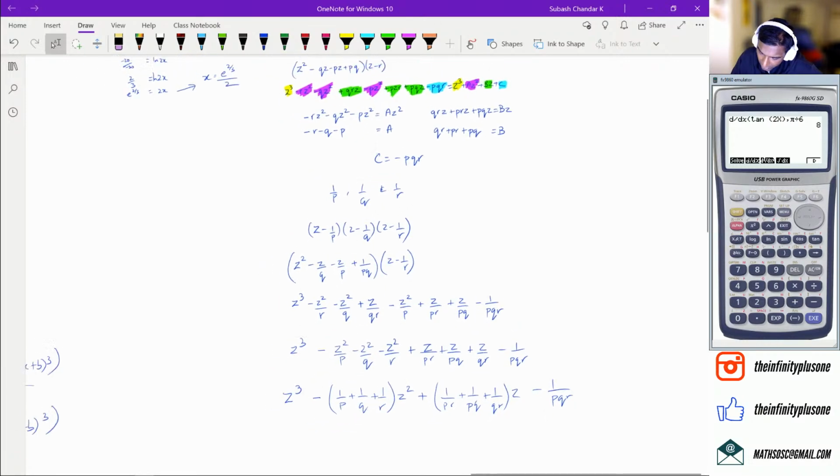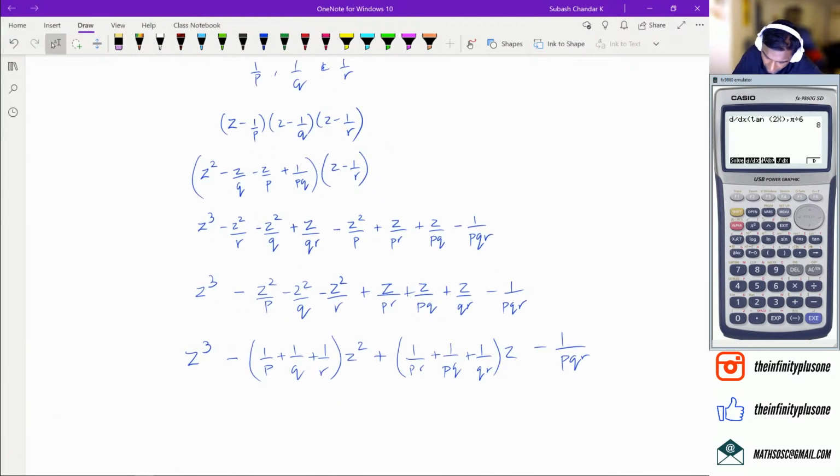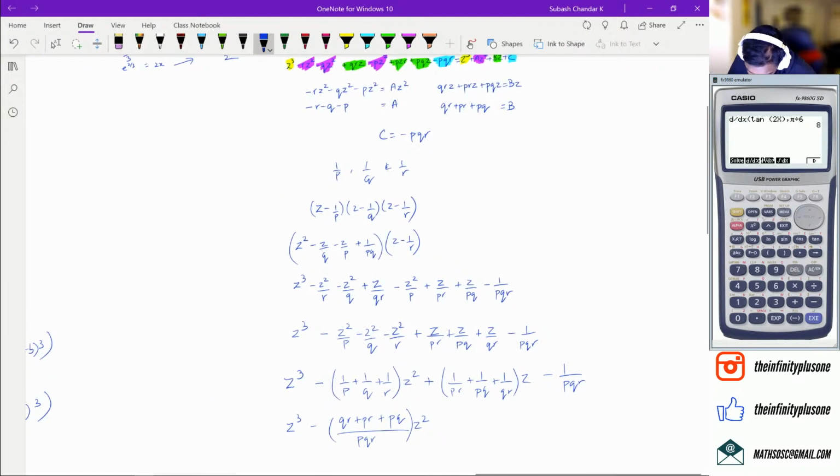The last bit that we have to do is combine them all as fractions. So we're going to get z cubed minus, in the top there, qr plus pr plus pq divided by pqr, z squared. And this is where things start getting a little bit interesting, because we're combining those fractions.